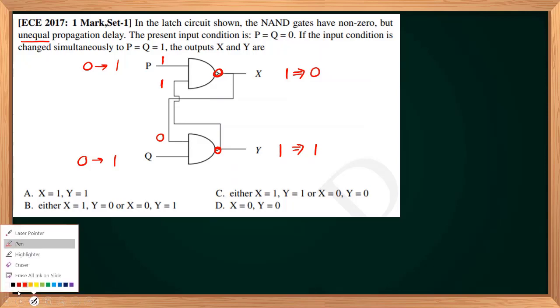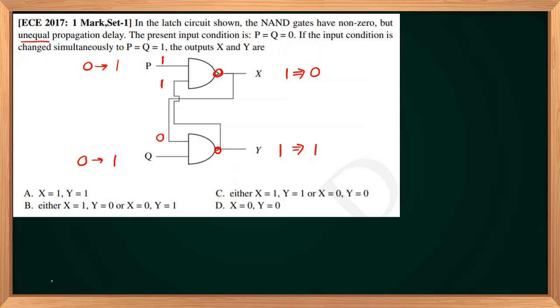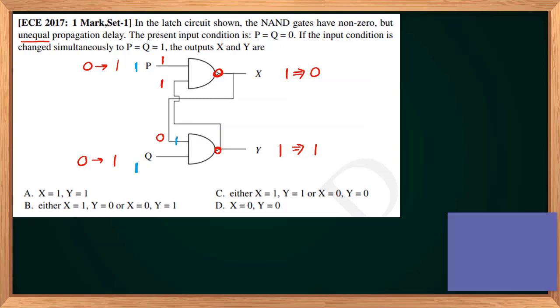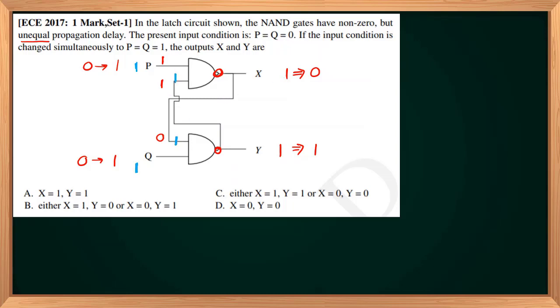Let us assume the other case. If the lower gate changes its output quickly, then P is 1, Q is 1, right? Initially both outputs are at 1, so I'll have a 1 here, I will have a 1 here. So both inputs are 1 and the lower gate switches quickly. That will give me a 0 here, and that 0 will be available here after some time.